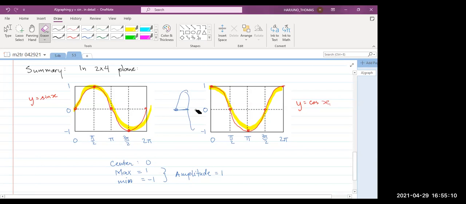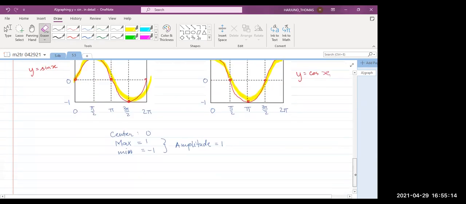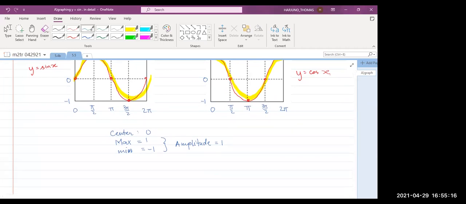So the amplitude is 1. For that reason, the maximum is 1, the minimum is -1, and the range is -1 to 1. Okay, the center, maximum, minimum, and range.